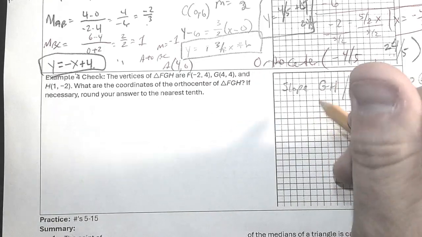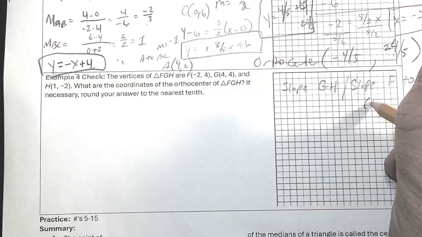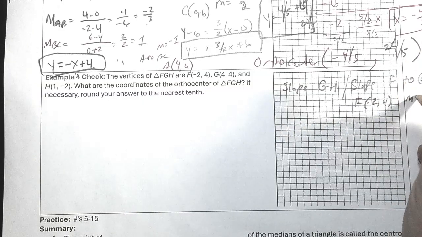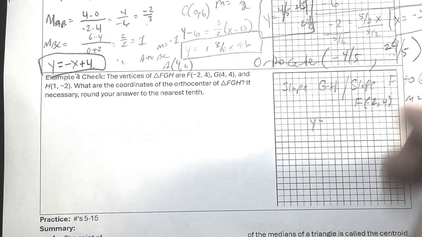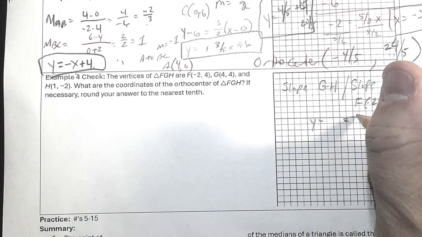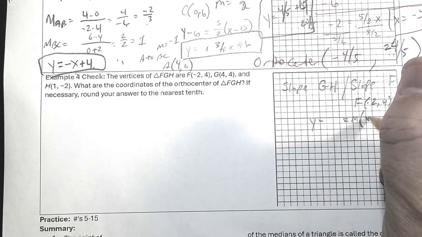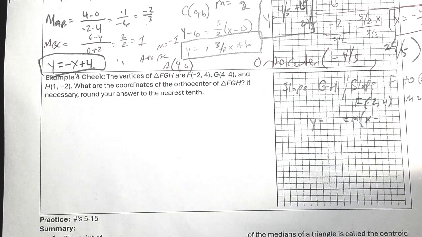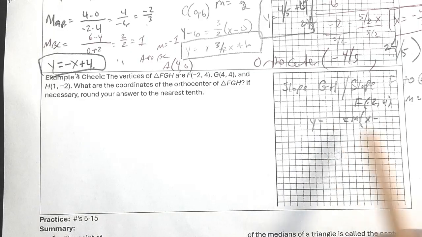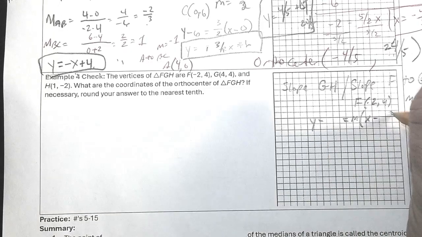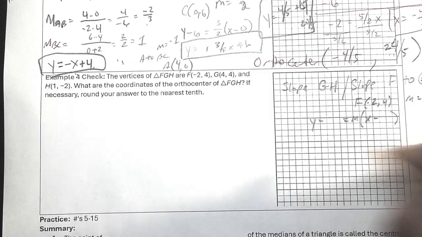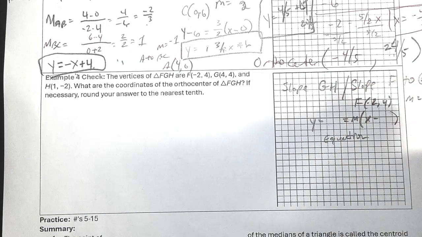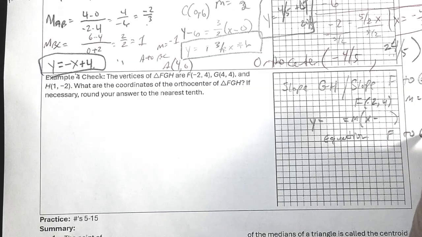And then take the point, which in this case, F, -2, 4, and then that slope, and plug it in. How is it written? You plug your y in here and you plug your x in here. So once you get your equation for F to GH, then you're going to do it again.